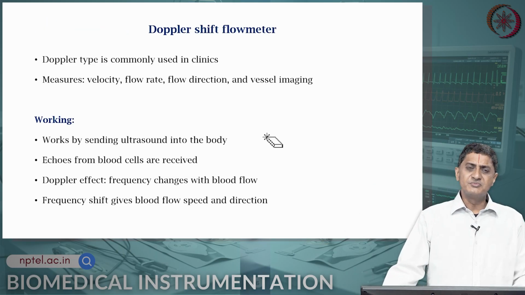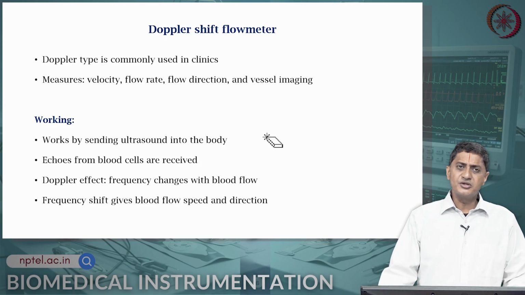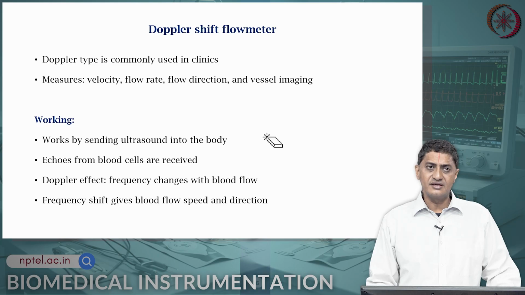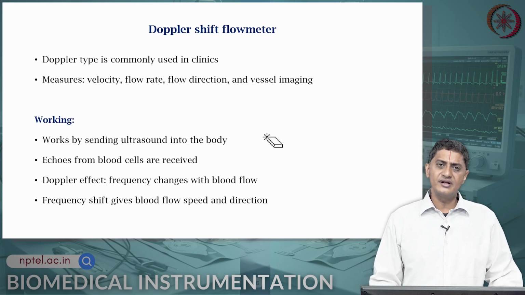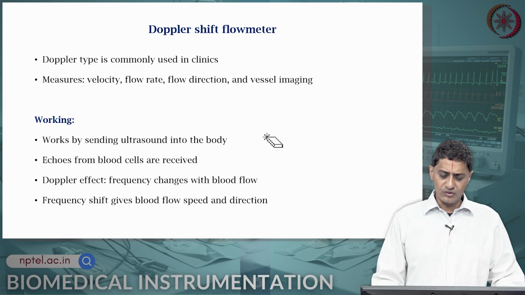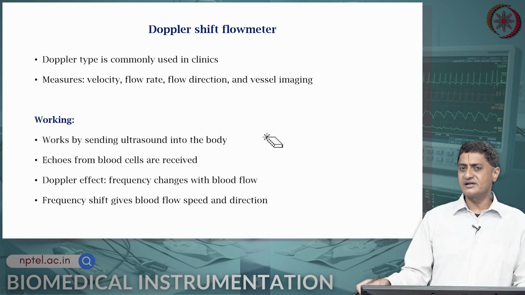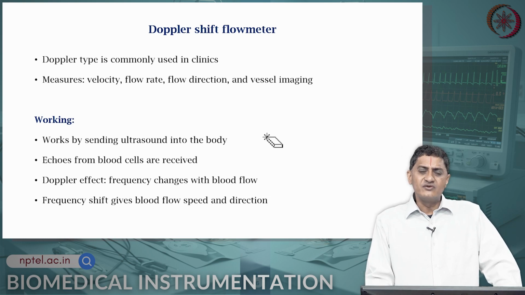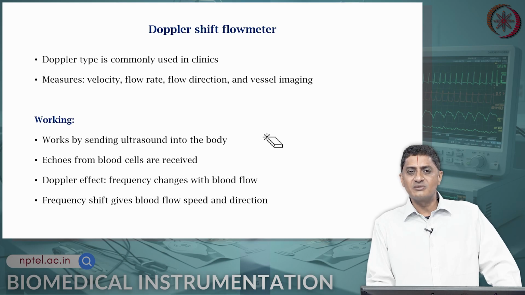Before we move on to the principle, note that the Doppler shift flow meter is quite commonly used in clinics, and it can measure velocity, flow rate and direction of flow, and can also image the vessel. The principle is the following: it works by transmitting ultrasound into the body, and the echoes from the RBCs, the blood cells, are received.